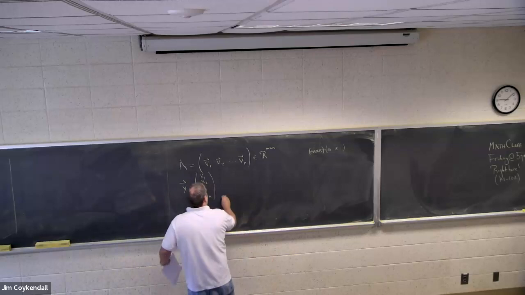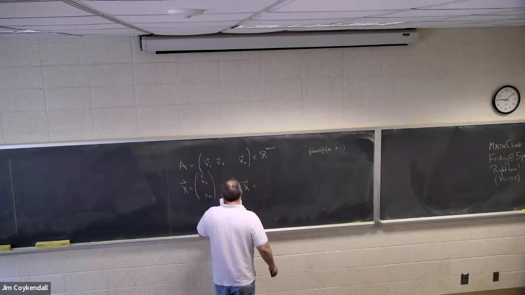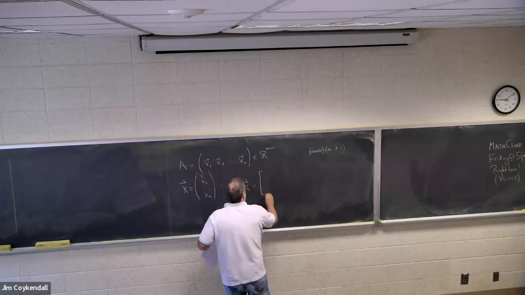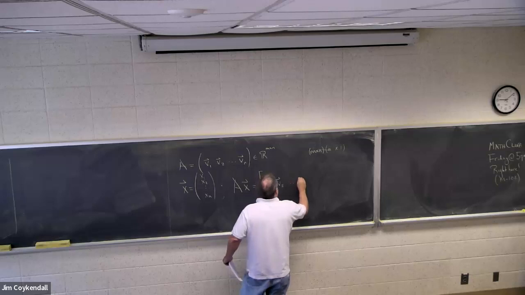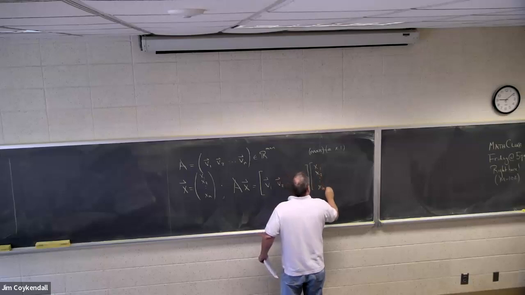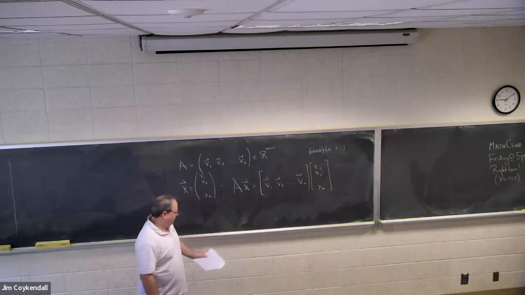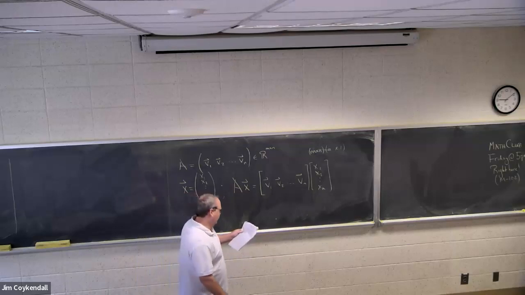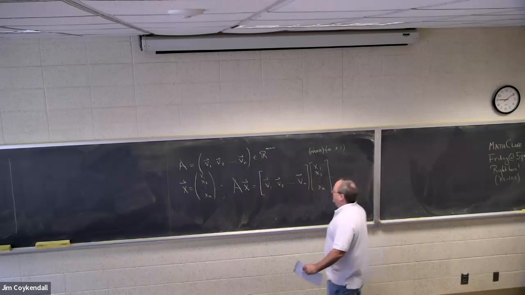Then if you multiply this out, Ax, and I encourage you to do this with small matrices so you can see how this works out. But there's a nice formula for it.